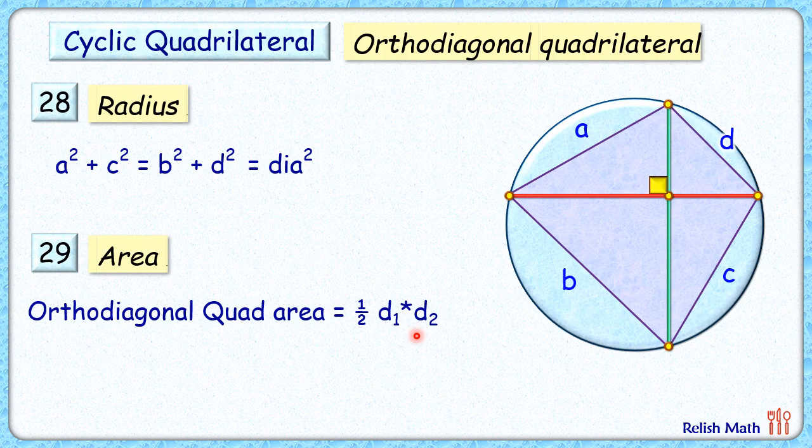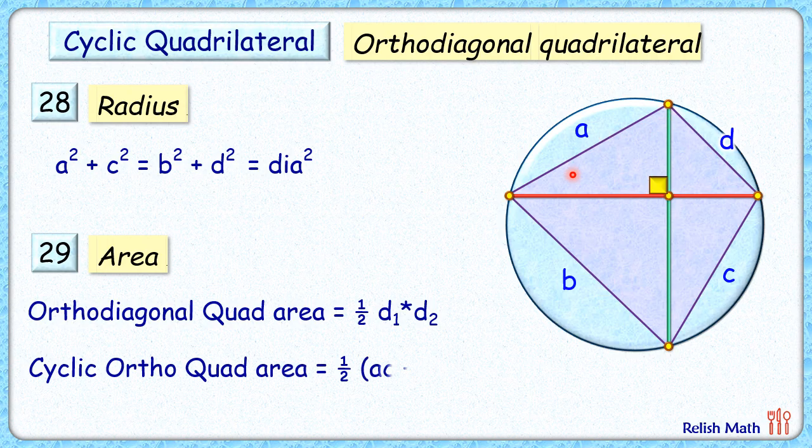On top of it, if it's a cyclic ortho-diagonal quadrilateral, then the area is given by half of (AC plus BD), that is, half of the sum of opposite sides. And this you can easily establish by Ptolemy's theorem. I leave that exercise to you, so you can apply Ptolemy's theorem to get this relation. Let's check the next theorem.